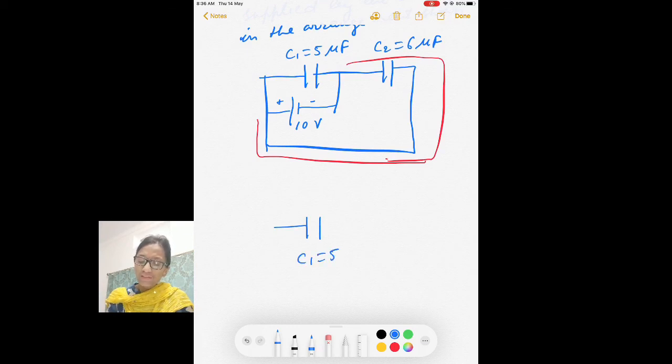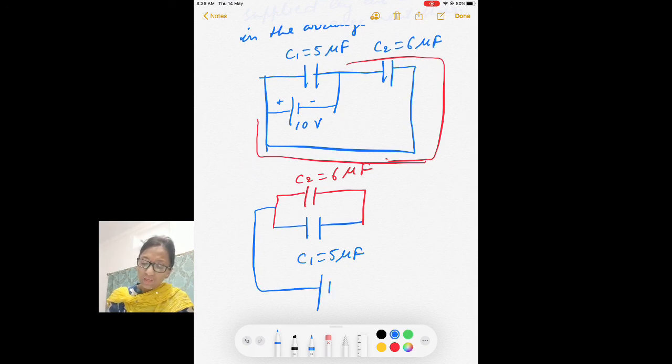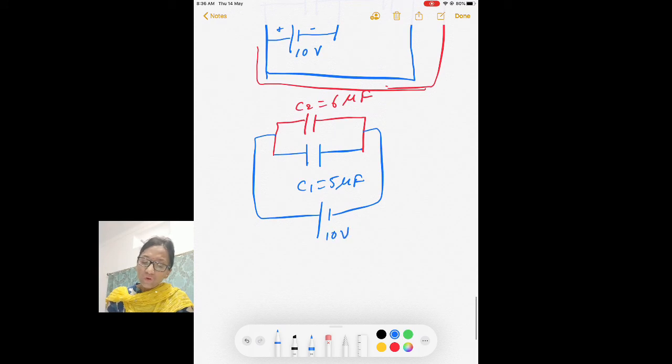When you shift this part of the circuit along the upper side, you find the two capacitors are in parallel. Here you have C1 equal to 5 microfarad, and when you bring this lower part along the upper side, you get another capacitor. This is C2, equal to 6 microfarad, and the combination is connected to a 10 volt battery.